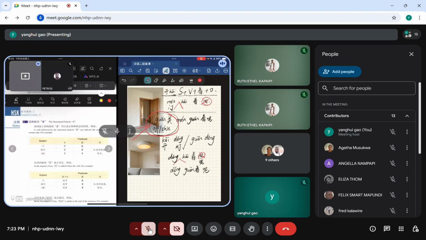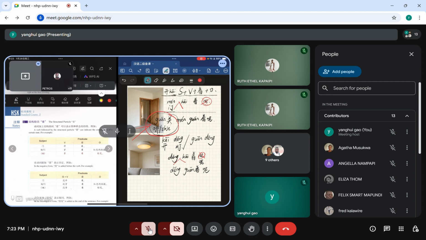So close the door, that's 关门. Okay, 关门. So if the door is closed, when we describe this, the door is closed.